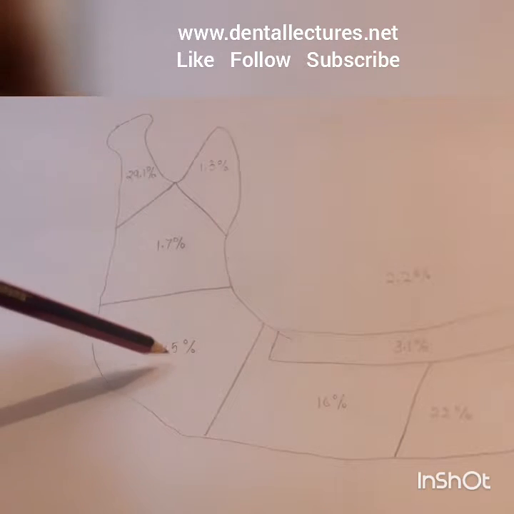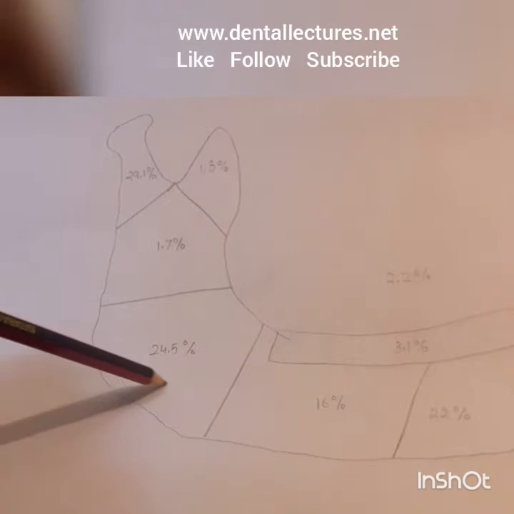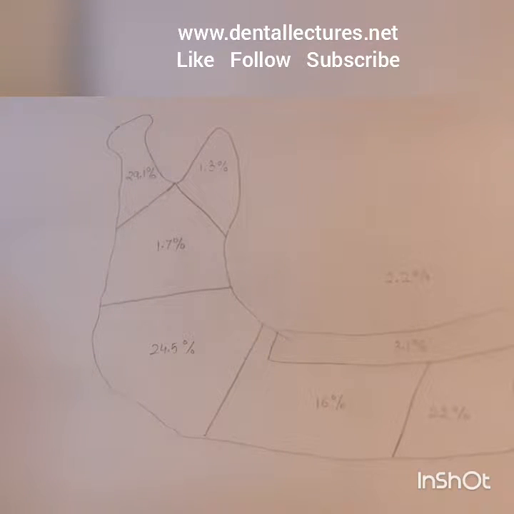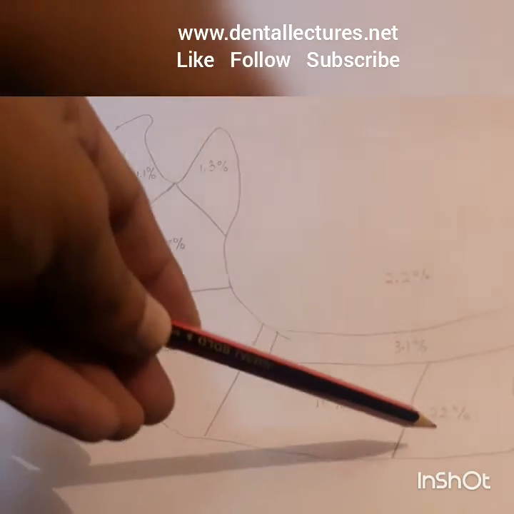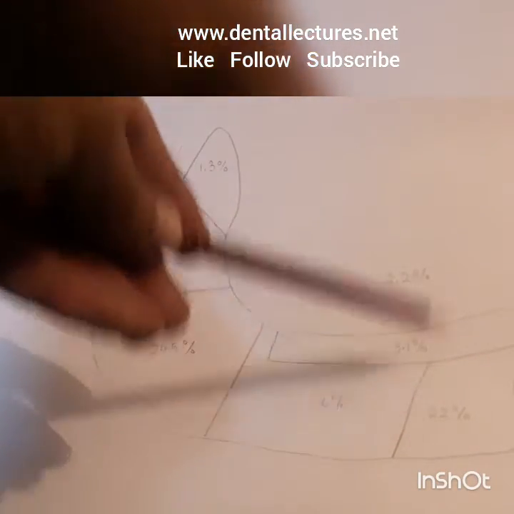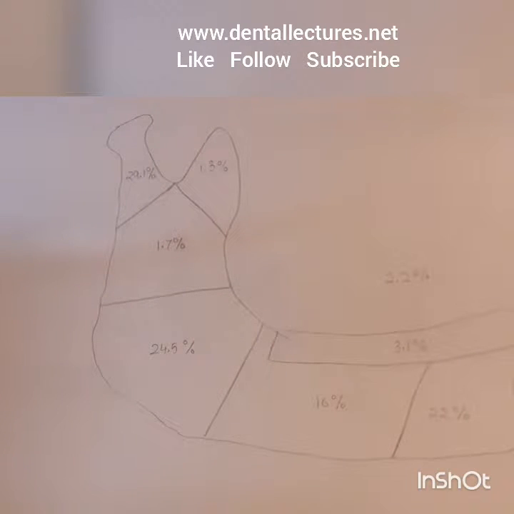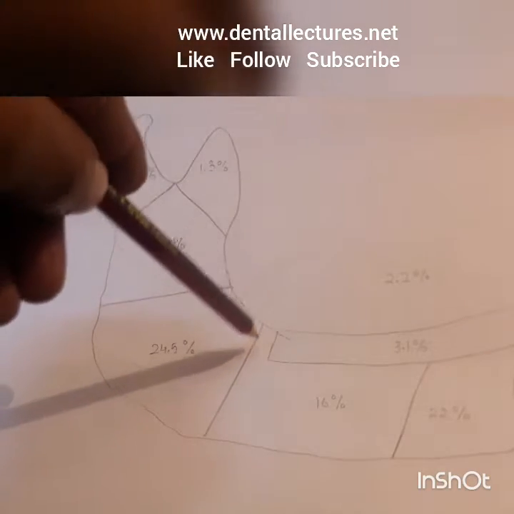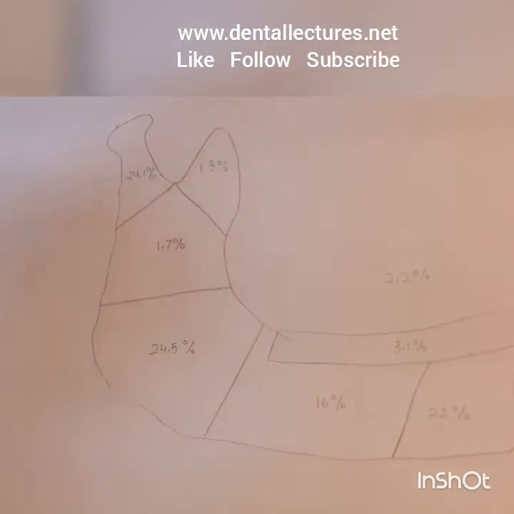This is followed by the angle region, which forms 24.5% of the cases, followed by the symphyseal and parasymphyseal region, that is 22%, and then the body of mandible, 16% of the cases, followed by fractures of alveolar bone, which form 3.1% of cases.